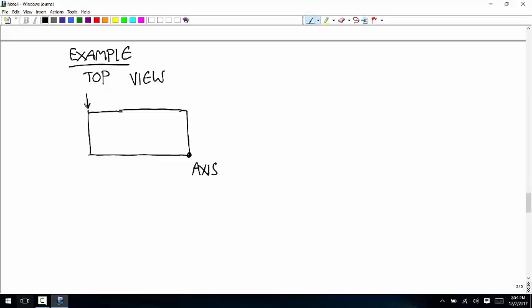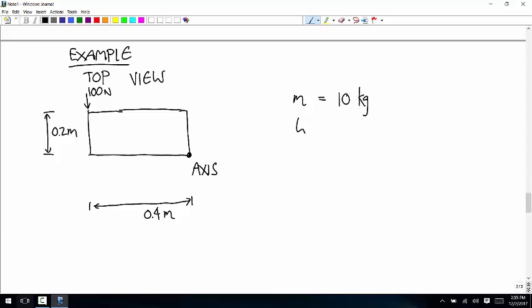And let's say there's a force applied of 100 newtons. This length is 0.2 meters. This length is 0.4 meters. And the mass is 10 kilograms. What's the angular acceleration?